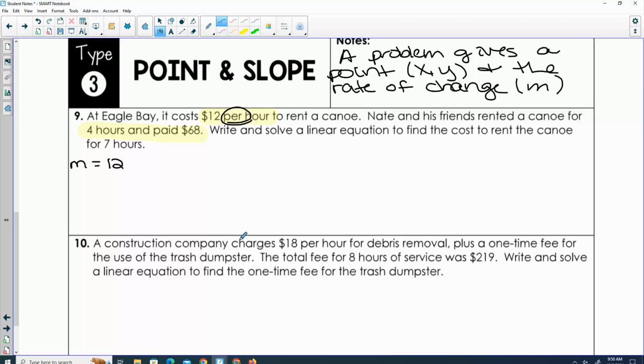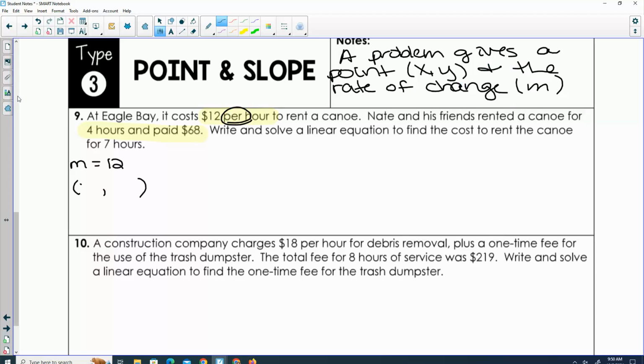Then, when we look at our ordered pair, in 4 hours we paid $68. So what would my point be? We need x and y, so we have the 4 and the 68. So we just have to make sure we put them in the right order.